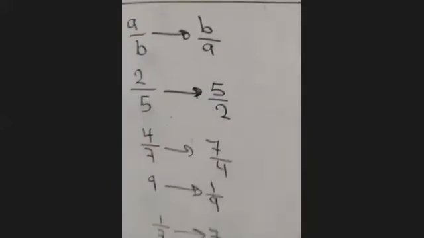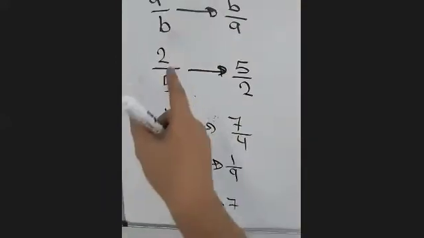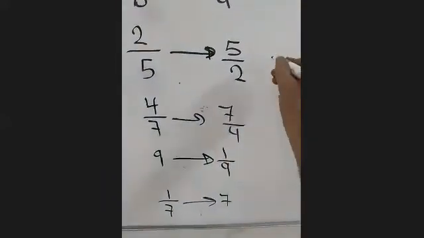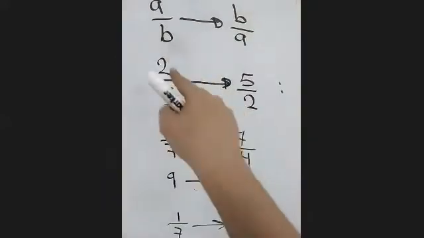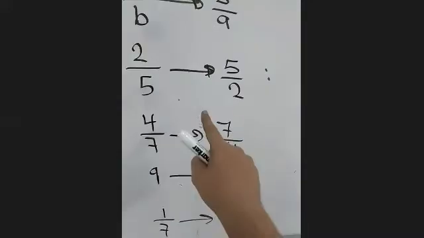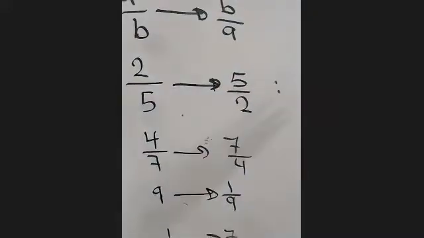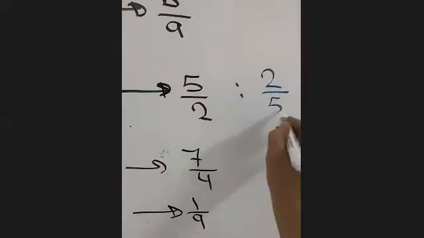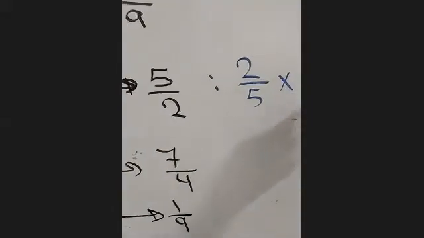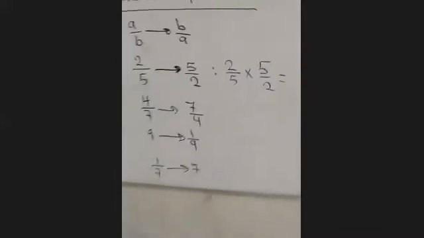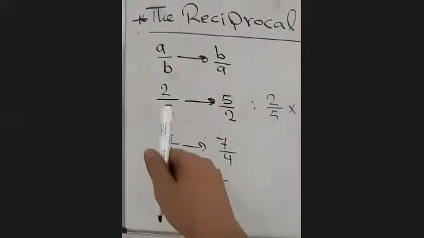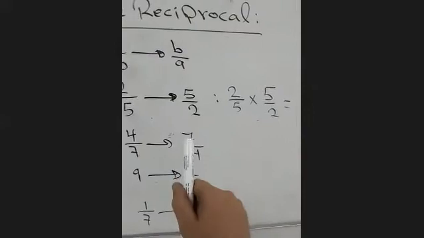I want to multiply 2 over 5 by 5 over 2 and see what we will have.